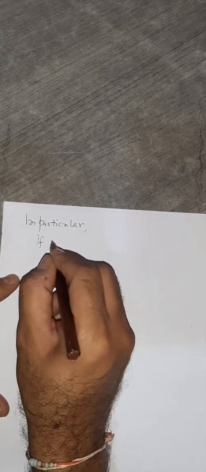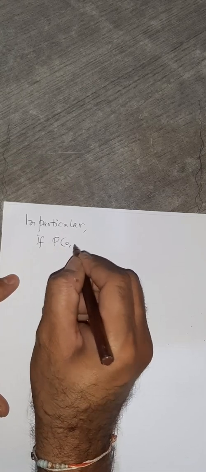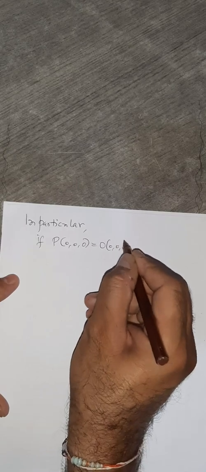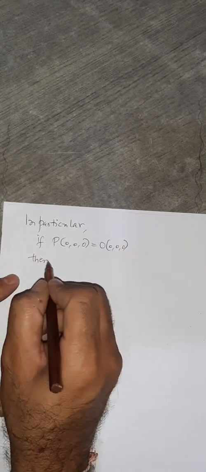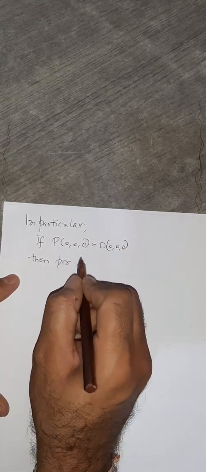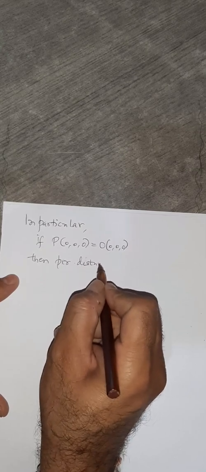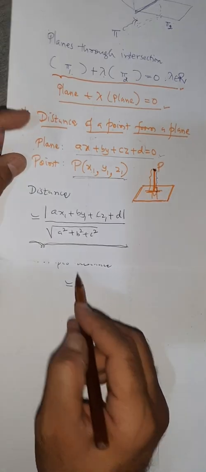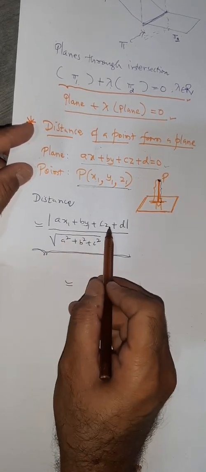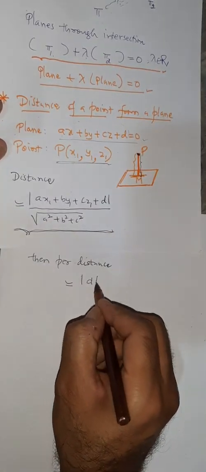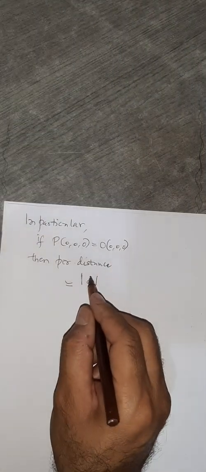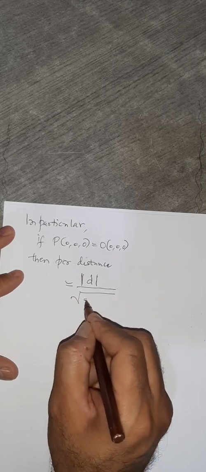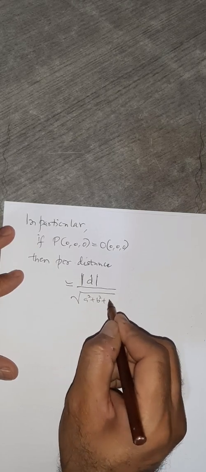If P is 0, 0, 0, that's the origin O, then the perpendicular distance will be, you know that x1, y1, z1 become 0. This is 0, this is 0, this is 0. So it will be just modulus d upon the root of a square plus b square plus c square.